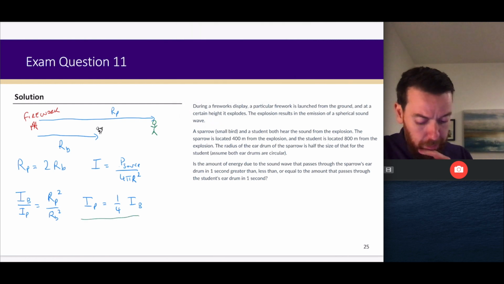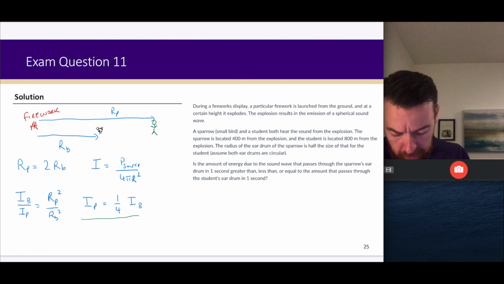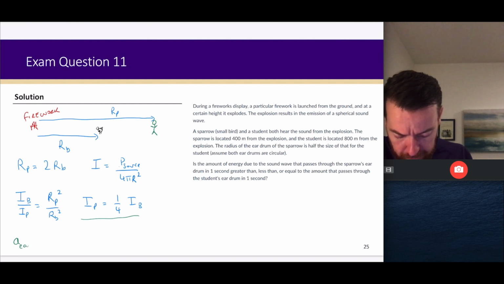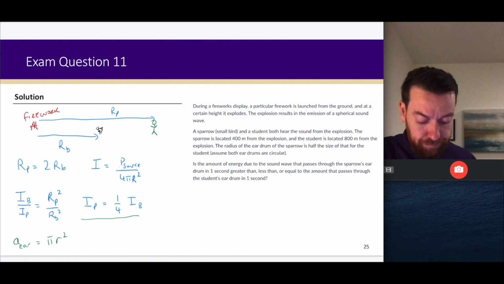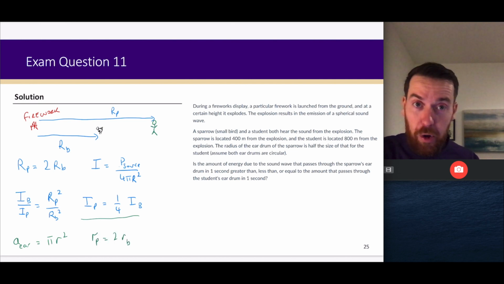And then let's talk a little bit about the area of the eardrums. So the small a in this case, the area of the ear, is going to be pi, and I'll use small r squared. But again, what we're doing here is that the r of the person is twice the r of the bird for the eardrum.